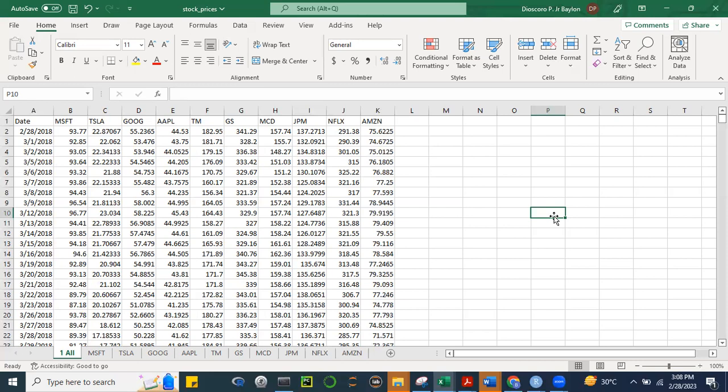Now, from the theories of finance, we are told that in order to lower the risk of a portfolio, it would be good to add more stocks. Okay, there are varying different research outputs.